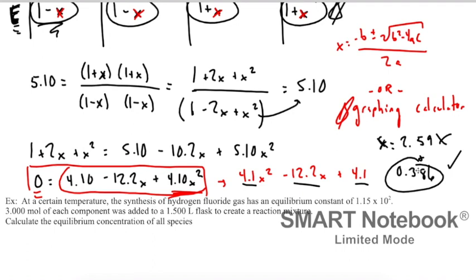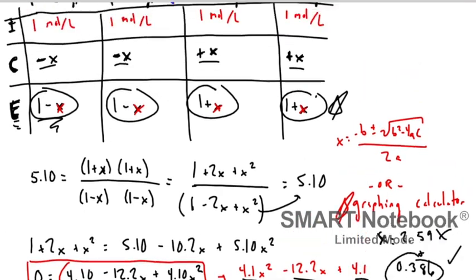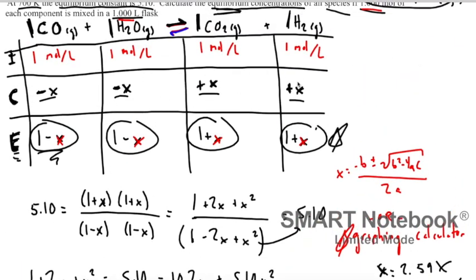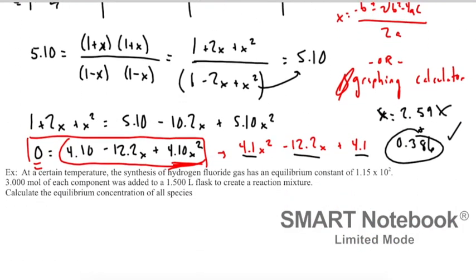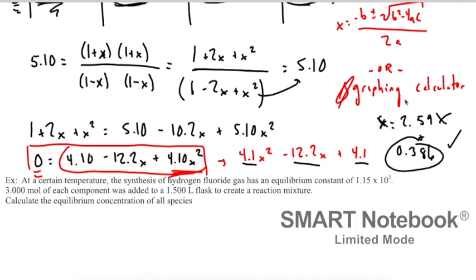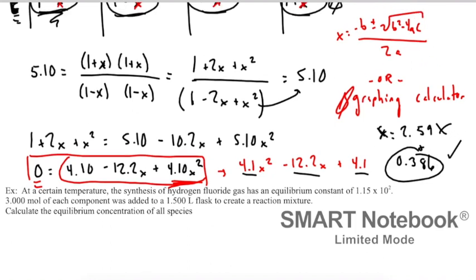Now notice that is not what I'm really after here. I'm not after just the change. That's what X is right now. I am after the actual equilibrium concentrations. So what I need to do is go in and perform all of these operations with the X value I just found. And my X is 0.386. I did that both ways, the quadratic and graphing, and I got the same answer, so I'm confident in that answer.